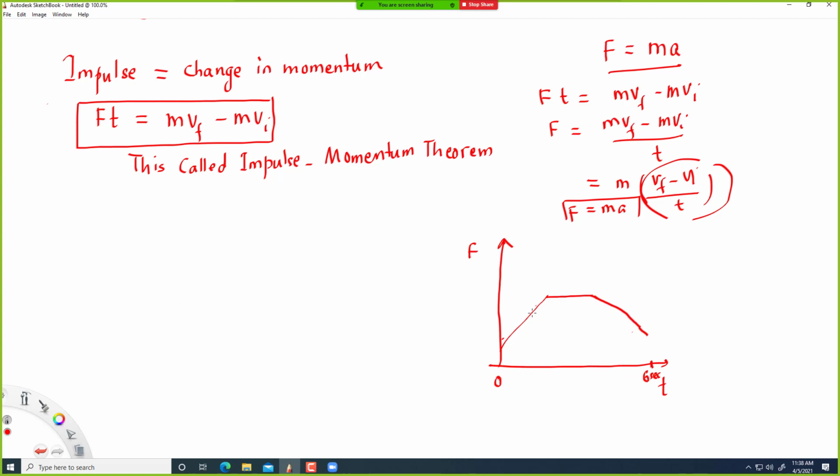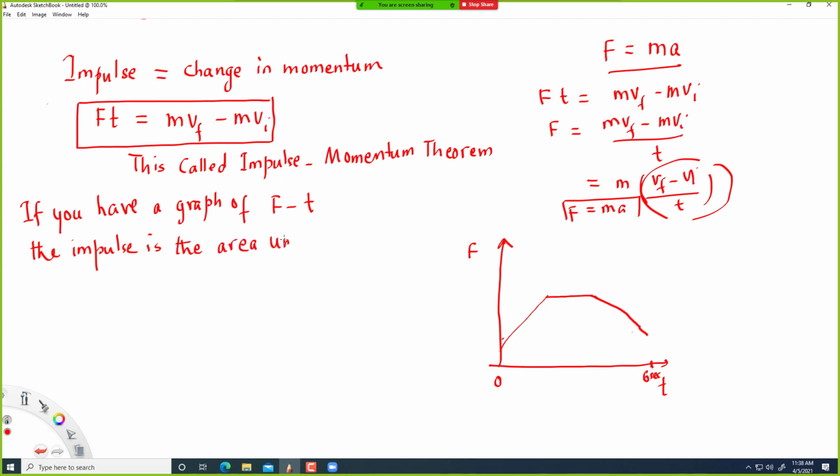If you are given a graph of force versus time, then the impulse is the area under the curve. So in this case, my question is, how much impulse did I apply?